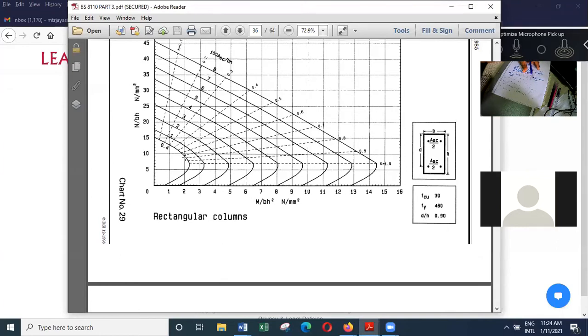Then if the M over BH squared ratio is 1.5, somewhere here, and the N over BH value is 12, then you can straight away find the amount of reinforcement to be provided, which is about 0.4. Then we can work out the other details.